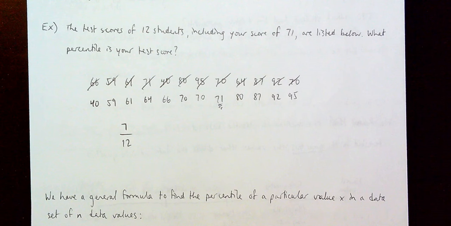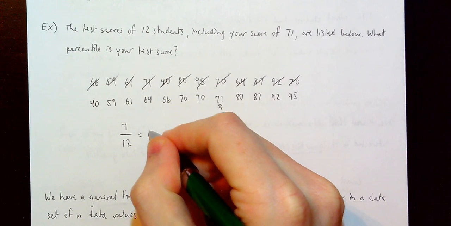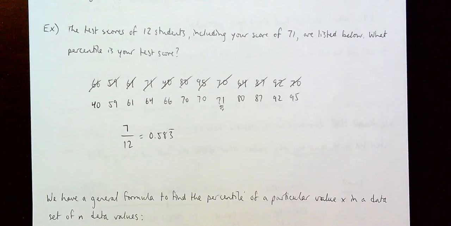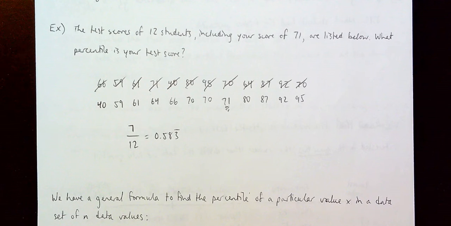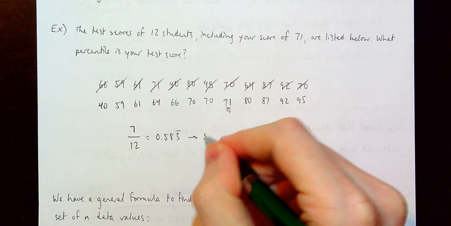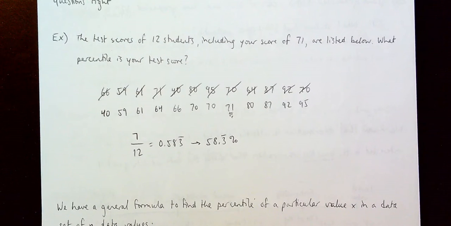So 7 over 12, if you plug it into your calculator, as a decimal, is equal to 0.583, and that 3 repeats. But you see the word percentile, we have a slightly shorter word in there, which is percent. So we're going to write this as a percentage. Converting from decimal form to percentage form, this is 58.3 repeated percent.